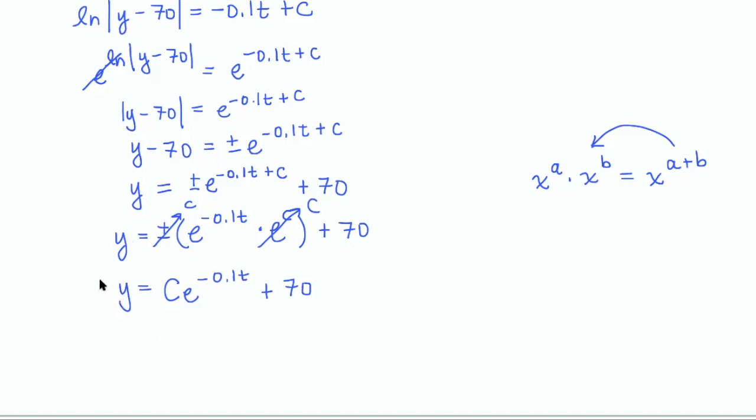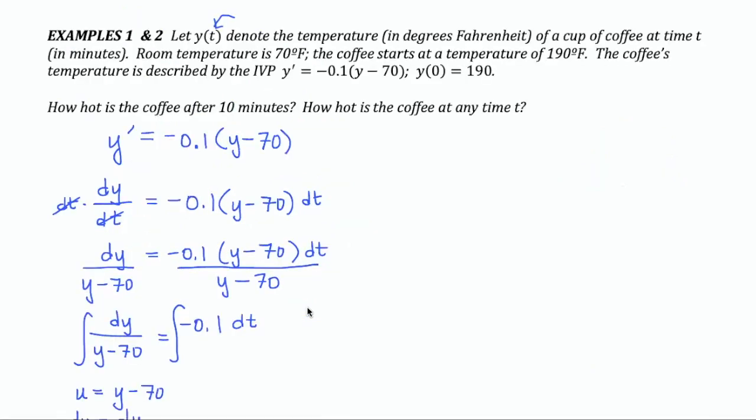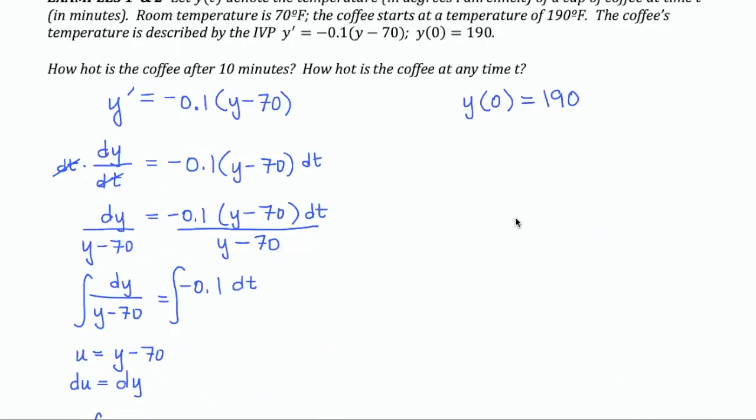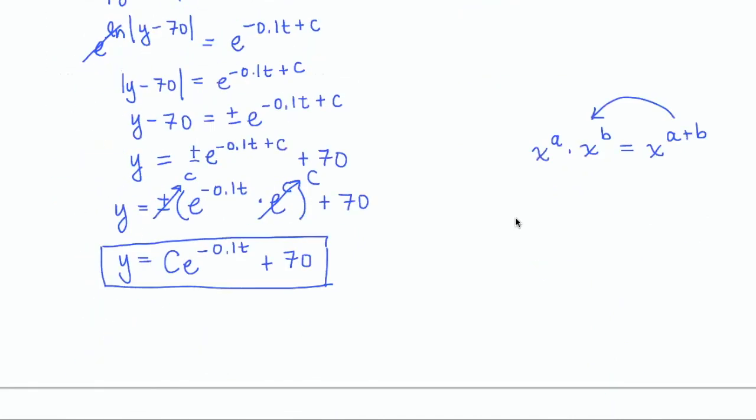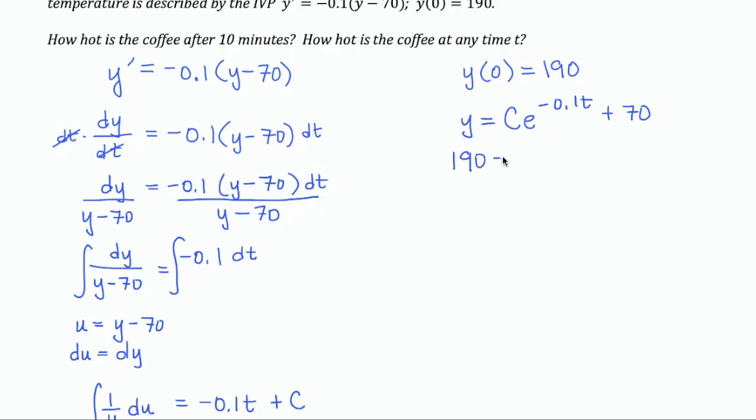And if I did not have an initial condition, this would be my solved differential equation. However, we do have an initial condition that was given to us. Way back up here, we were told that at time 0, the coffee is 190 degrees Fahrenheit. I'm going to use that information to solve for my constant. So 190 is equal to C times e to the negative 0.1 power times time is 0, plus 70.